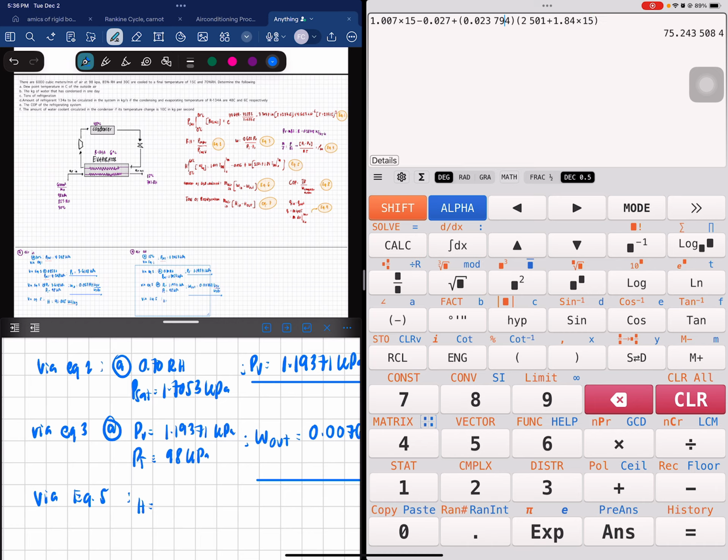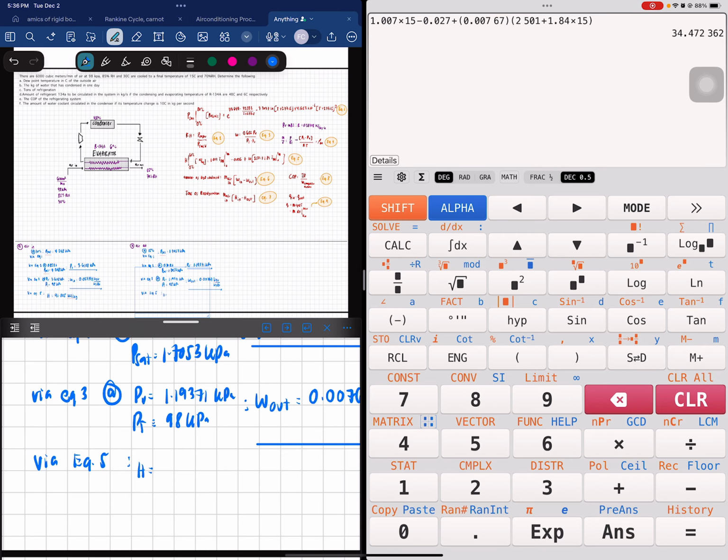And instead of using the in condition of your humidity ratio, use your 0.00767. Okay, enthalpy going out is what? 34.472 kilojoules per kilogram.